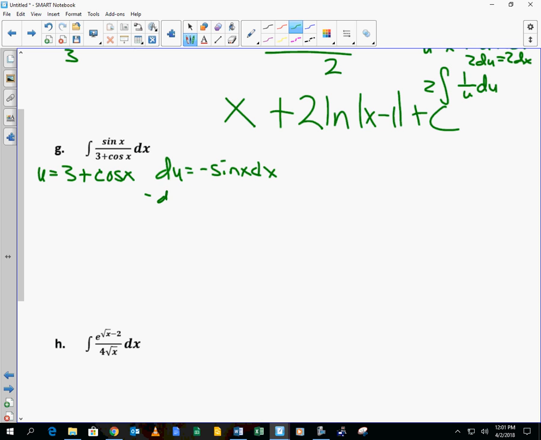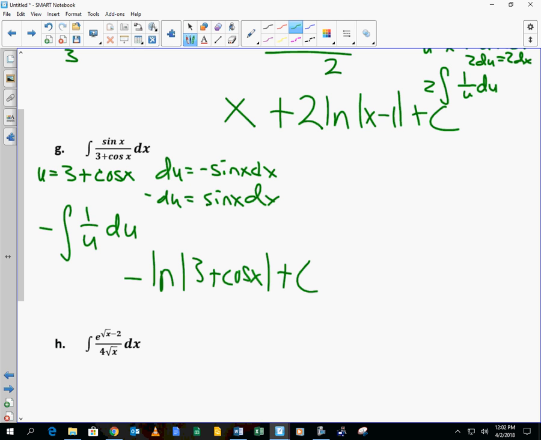So negative du is equal to sine of x dx. 1 over u du. What's the antiderivative of 1 over u? So I have negative natural log of 3 plus cosine of x.